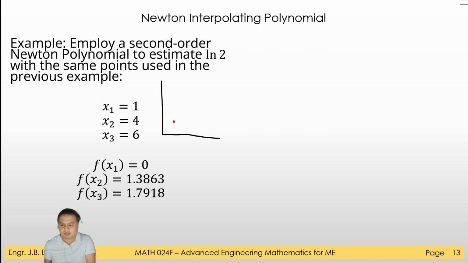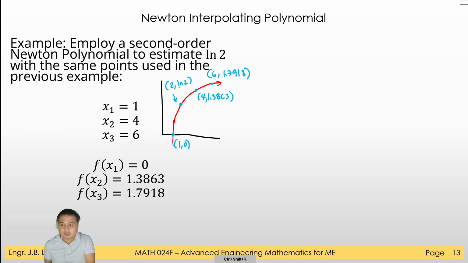We have the graph, with the point 1 and 0, then 4 and 1.3863, and then 6 and 1.791. And we're trying to approximate ln2, where x is 2.